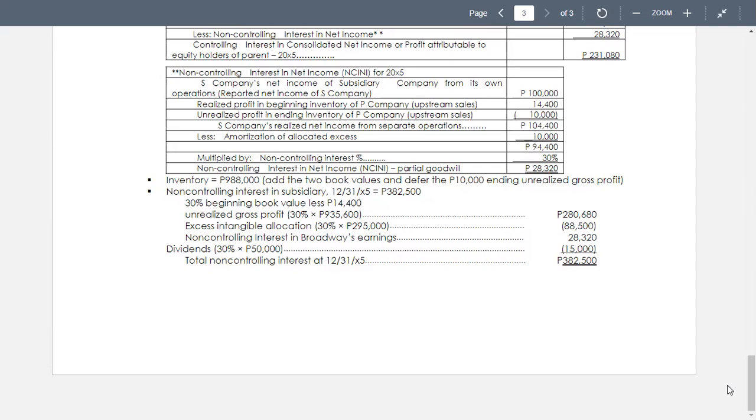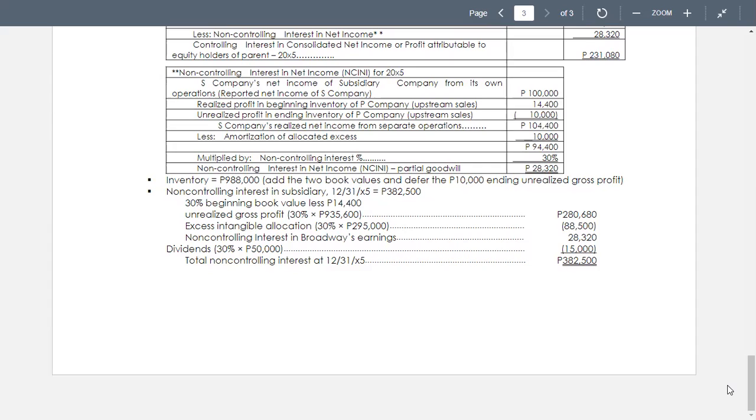9, calculate the amount of non-controlling interest to be deducted from consolidated income in the consolidated income statement. 10, calculate the controlling interest consolidated net income for 20X4. And 11, calculate the consolidated net income for 20X4.